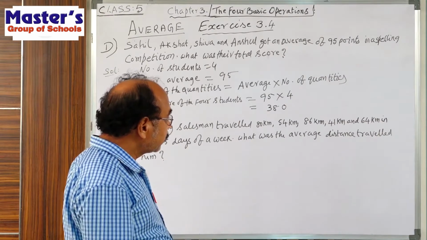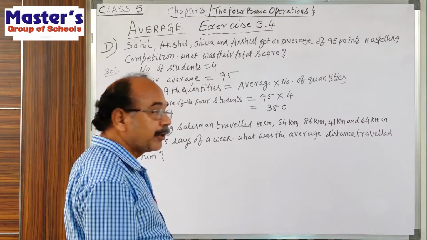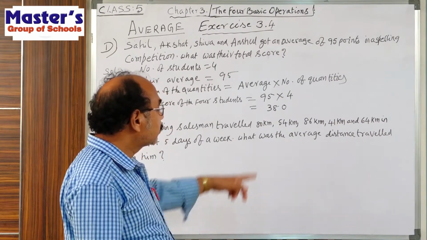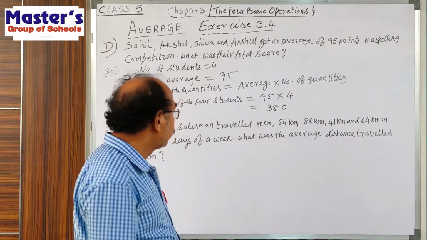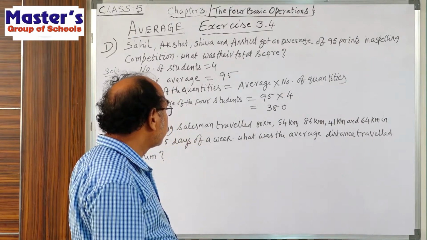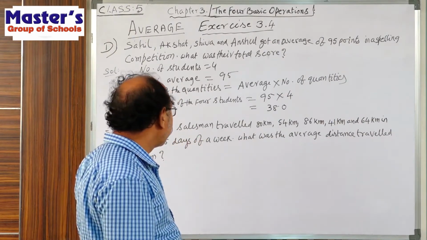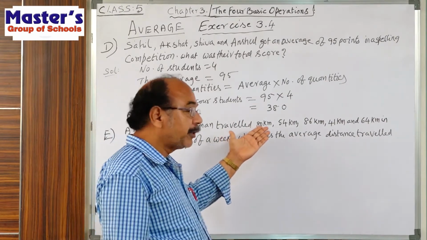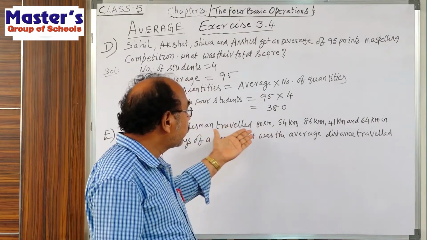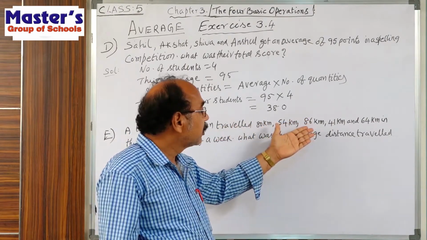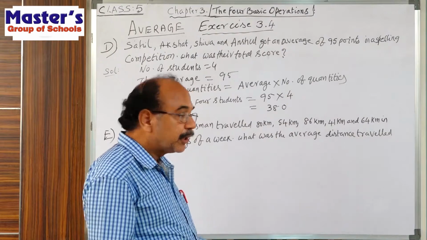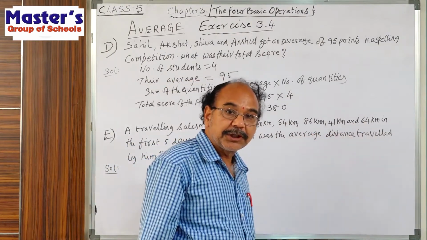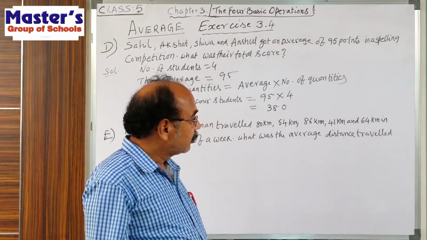What was the average distance traveled by him? He asked the average in this problem. What is given? Distance traveled by the salesman on the first day, how many kilometers? On the second day, how many? On the third day, how many? On the fourth day, how many kilometers? On the fifth day, how many kilometers distance did he travel?